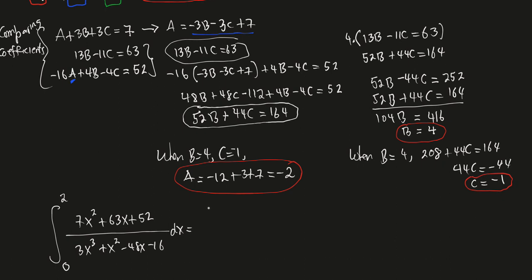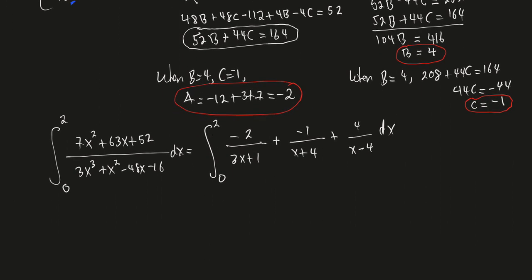Well, that's the same as integrating negative 2 over 3x plus 1, plus negative 1 over x plus 4, and then plus 4 over x minus 4, right? And that's from 0 to 2. All right. So now we can integrate term by term.